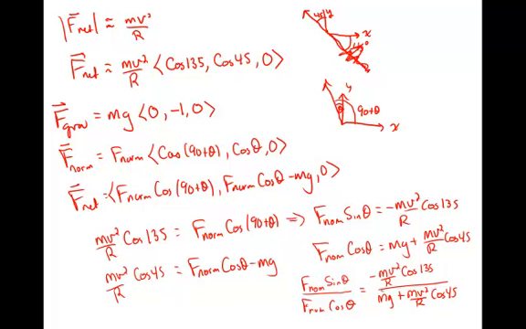And so I could now solve for that unknown angle of the normal force on the passenger by the seat. So let's go ahead and just write that equation out.